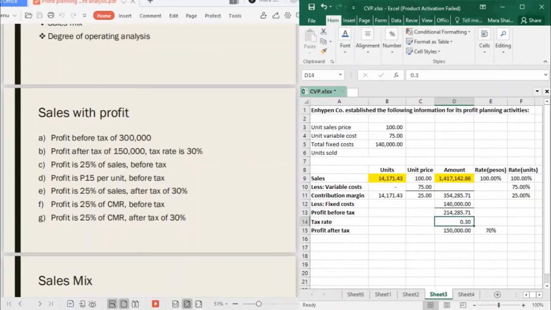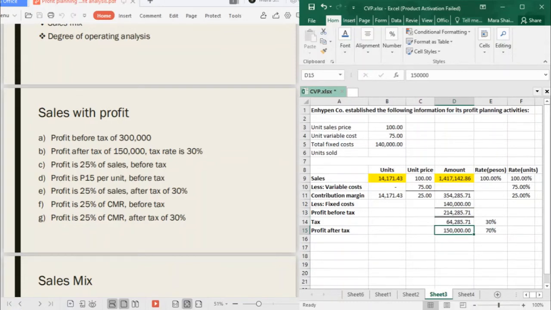So if you are asked for your tax rate, we can convert this to the tax amount, 0.30. So, to make sure it is the same, this is just for checking. 285.71 minus 64, which is the tax amount, is equal to your profit after tax of 150.